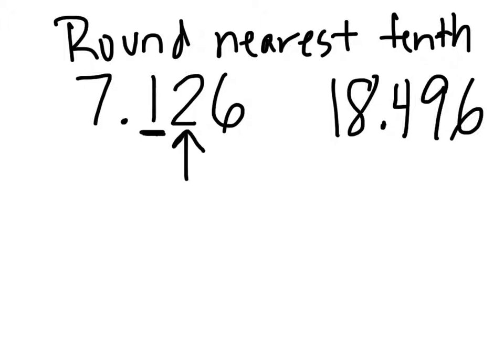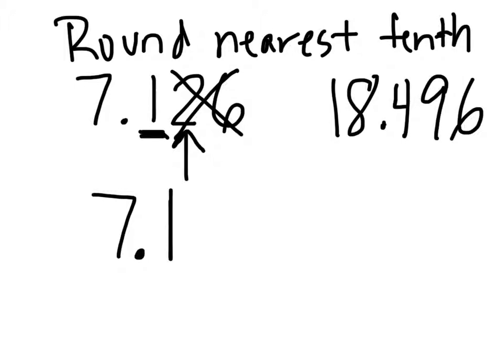If that number is a 2, which is less than 5, my 1 is going to round down, or we usually like to say stay the same. So my answer is now 7.1. We no longer have to worry about these numbers after the tenths place because we rounded it.